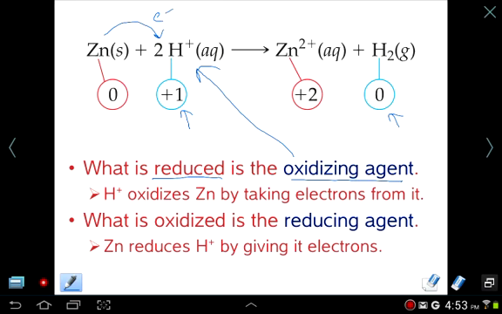So that's why hydrogen is called the oxidizing agent. Hydrogen helps zinc get oxidized. And by contrast, zinc, while it's oxidized, is called the reducing agent. Zinc gives electrons up to hydrogen, therefore reducing hydrogen, so it's called the reducing agent. So these are also involved in oxidation reduction reactions.